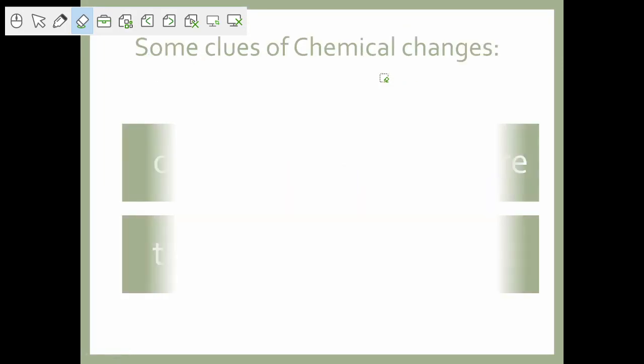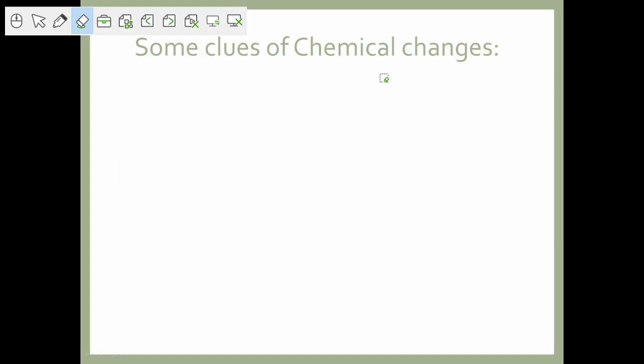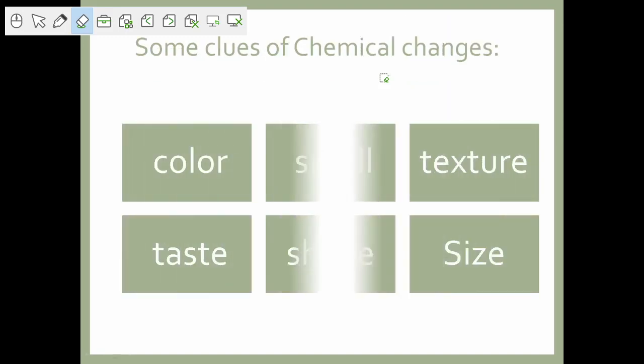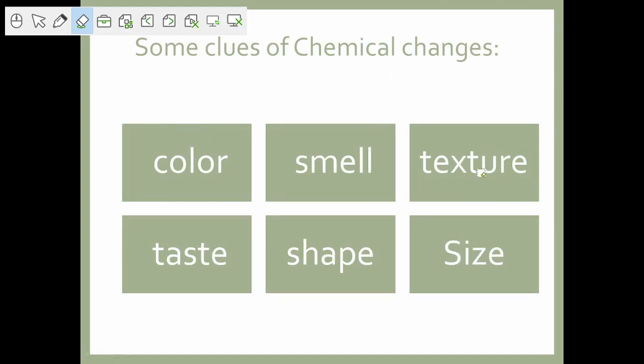Shape, here the same shape, but here different shapes. Taste, sure. Here the texture, they are different. The smell also, and the color. So these are the clues of chemical changes.